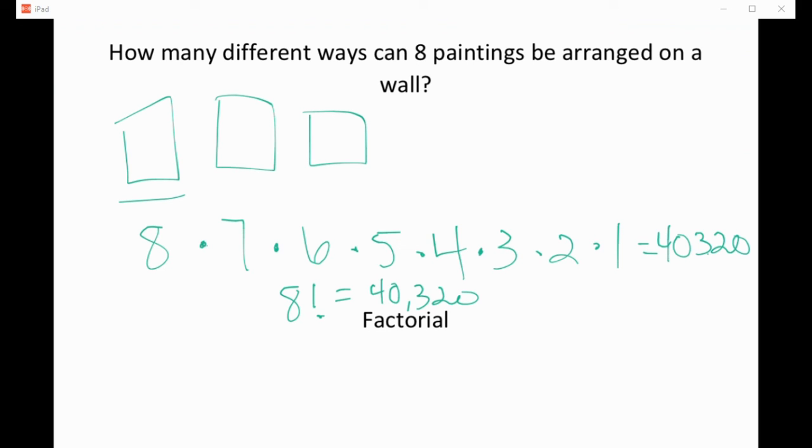Basically, anytime you write a number with an exclamation point, it means that you take that number and multiply it by each consecutive one going down until you get to 1. But yeah, so anyway. That's the fundamental counting principle. If you have questions in class, I can go over some of the problems from that assignment. I know there were some that I went over in class on Tuesday when we came back. So anyway, yep.